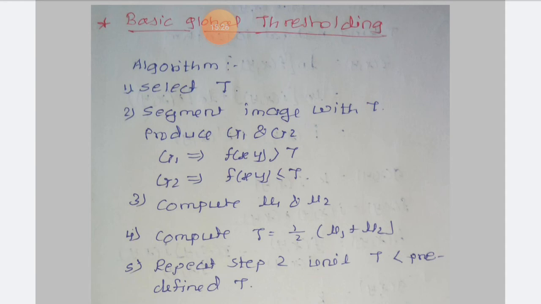A more appropriate initial value of t in cases such as this is a value midway between the maximum and minimum gray level values. The parameter t0 is used to stop the algorithm after changes become small.